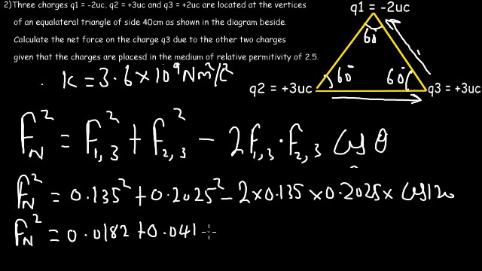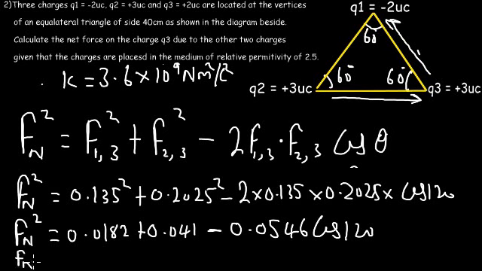Then minus 2 times 0.135 times 0.2025. That is 0.0546. Then multiplied by the cosine of 120. And I'm going to type everything into my calculator once and for all, and have f sub n squared be equal to, if you type that correctly, you should have the square of the net force equal to 0.0865.